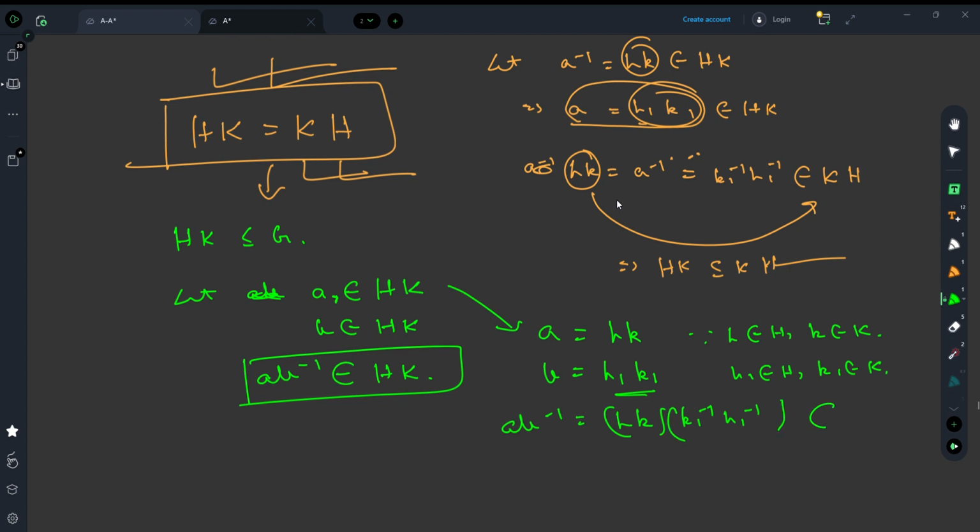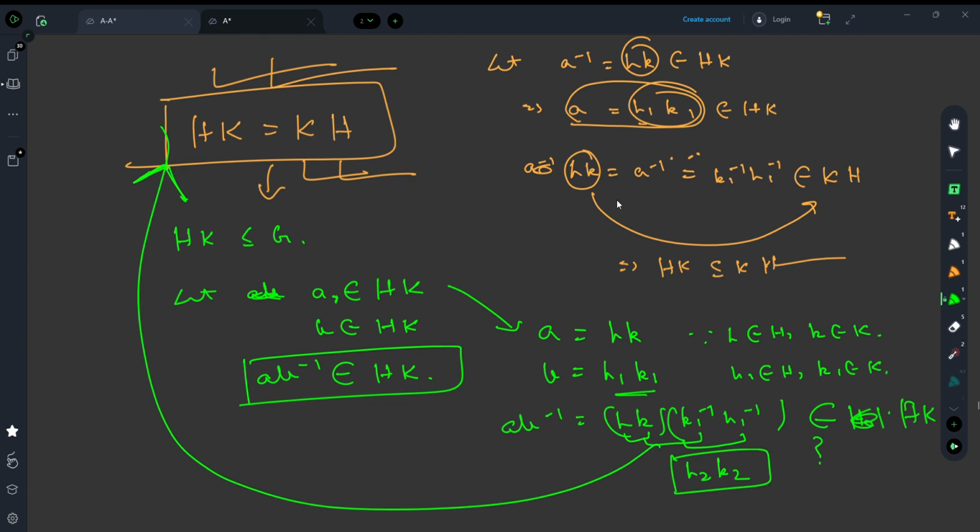For this to be in HK, we need to write it as some H2K2, and that is possible only if these elements can be associated together and their positions can be interchanged, right? And that is possible only if HK is equal to KH.